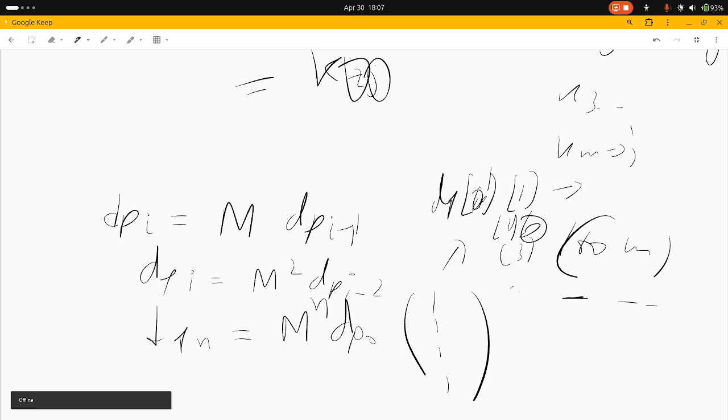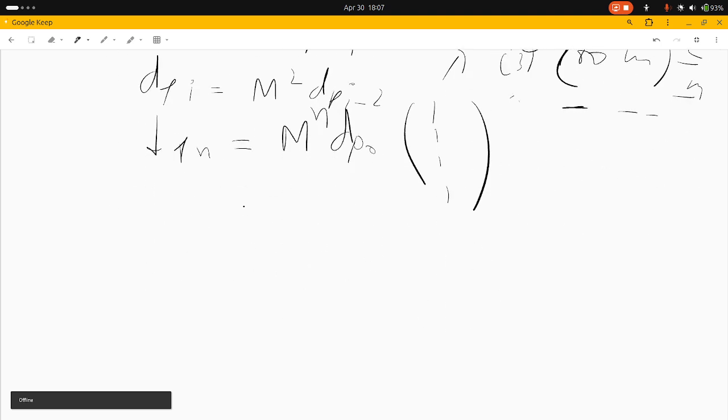So everything has a chance of 1 because the blank can be filled with 1, 2, up to m. So single blank, so we are getting 1, 1, 1, 1. So we have to take the power of the matrix, like get the matrix to the power n.